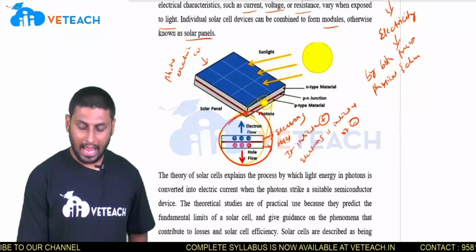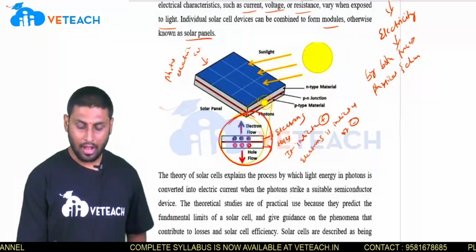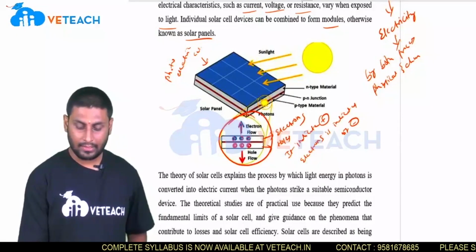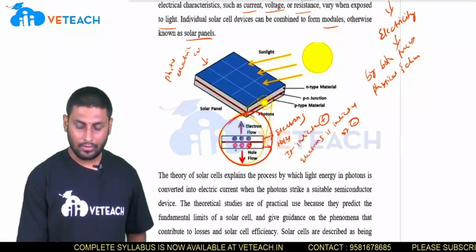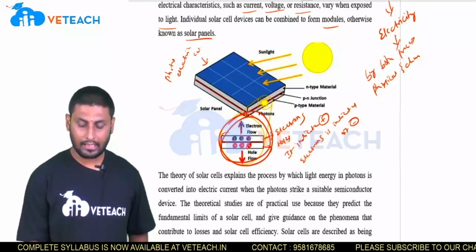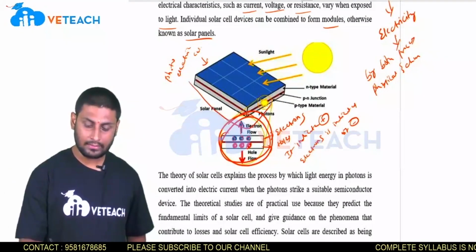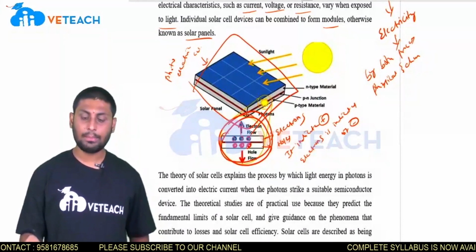The black dots show the flow of electrons, flowing in the upward direction. The red dots are holes, flowing downwards. So this entire block is for electron flow and hole flow, and this complete block is known as the solar panel.